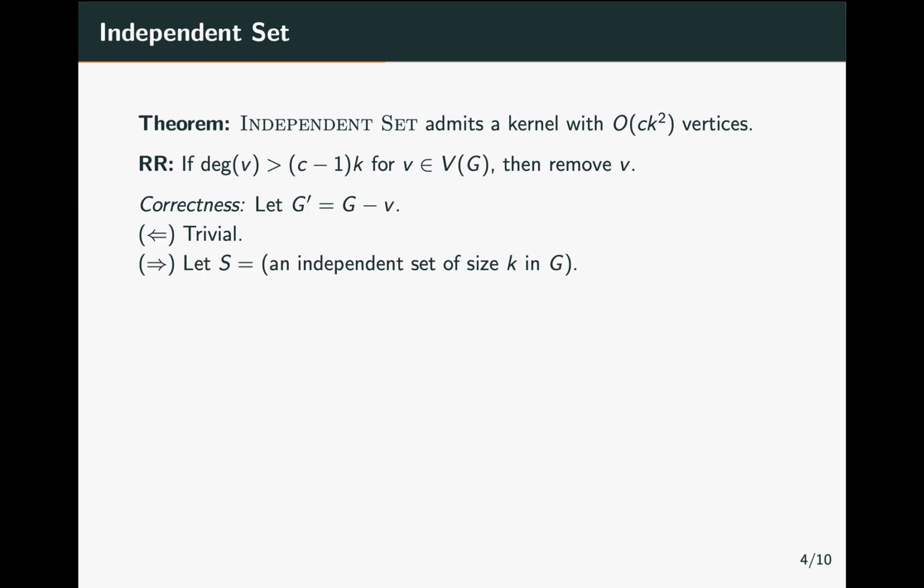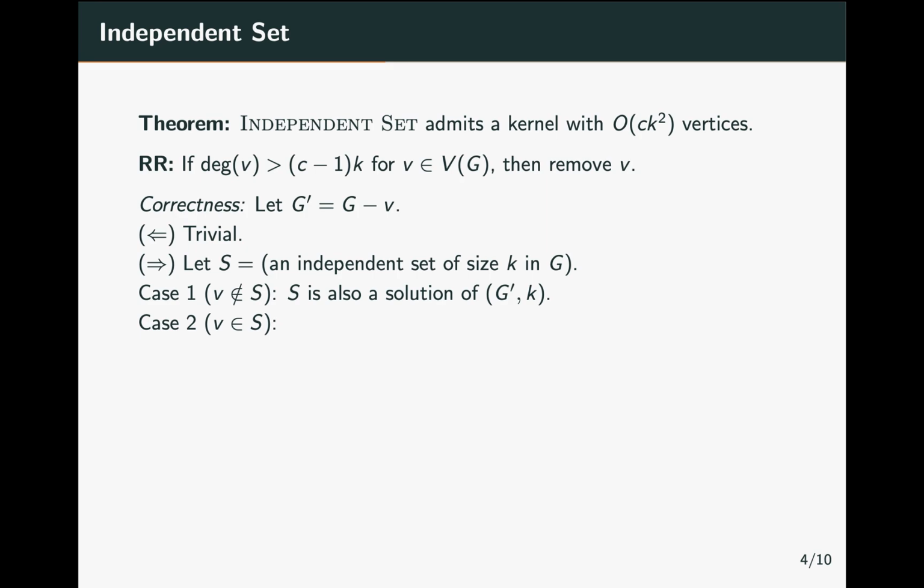So let me focus on the other direction. Let S be an independent set in G of size k, and I would like to show that G' also has an independent set of size k.